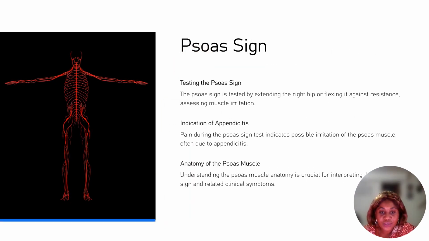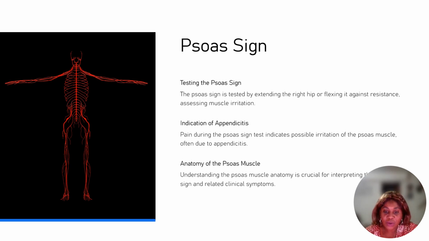So let's look at the psoas sign. The psoas sign is tested by extending the right hip or flexing it against resistance, assessing the muscle irritation, again an indication for appendicitis. Pain during the psoas sign test indicates possible irritation of the psoas muscle, often associated with appendicitis.